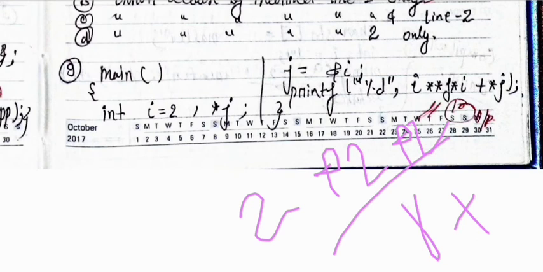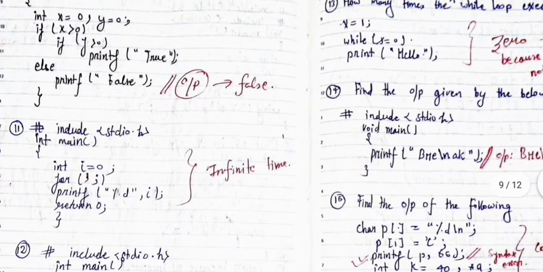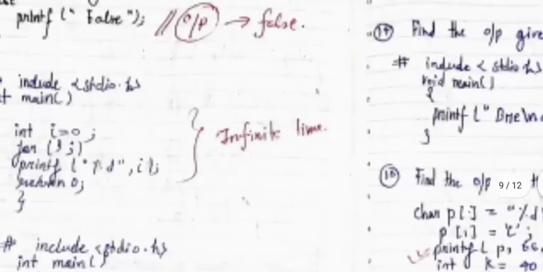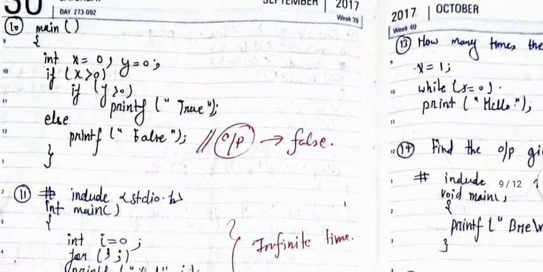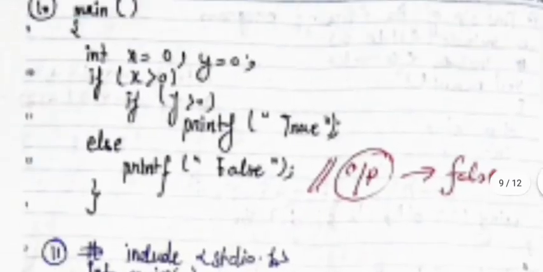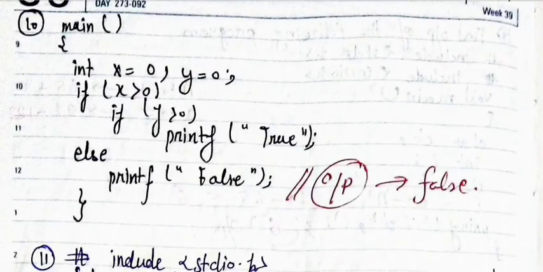Now come to the next question. So the next question is defined as: find the output of this program.